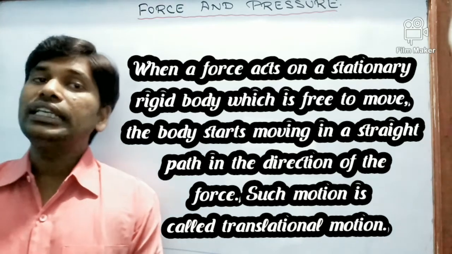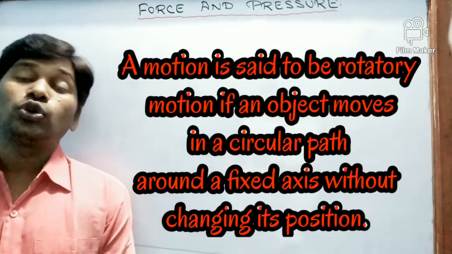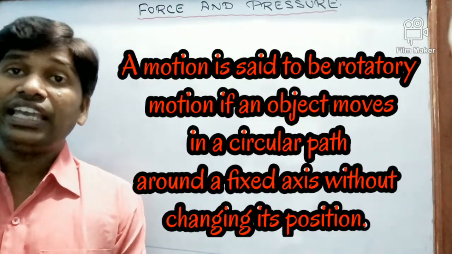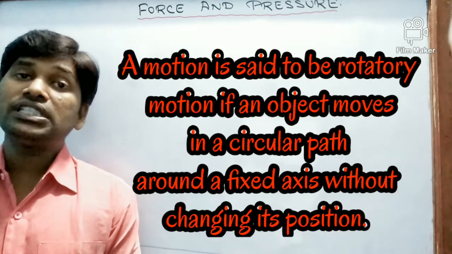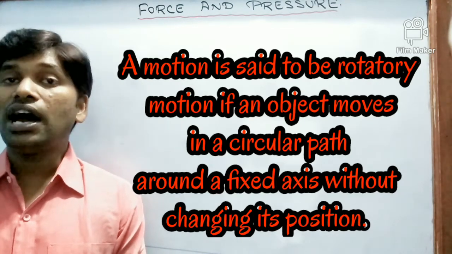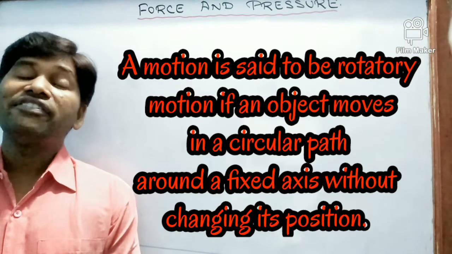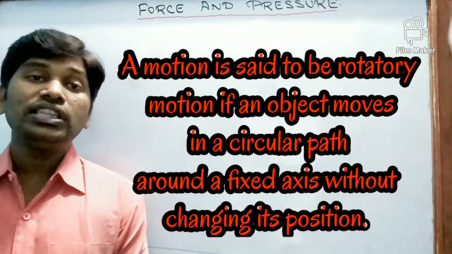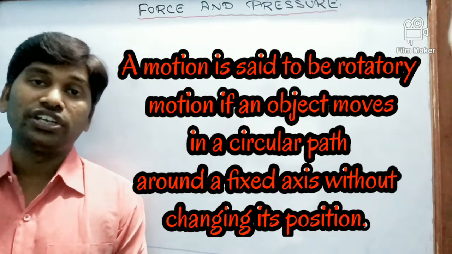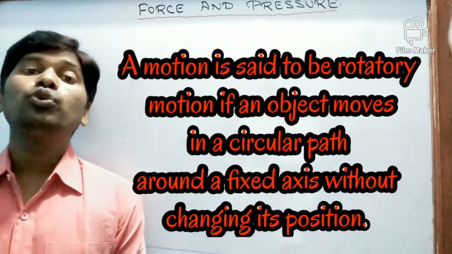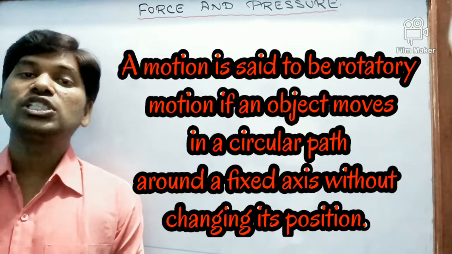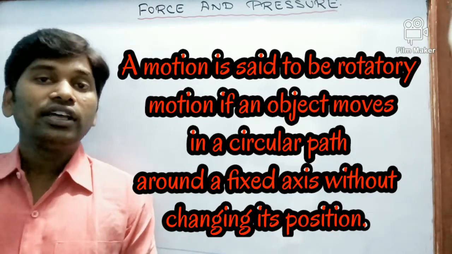A motion is said to be rotatory if any body moves in a circular path around a fixed axis without changing its position. For example, motion of a top, a spinning top.